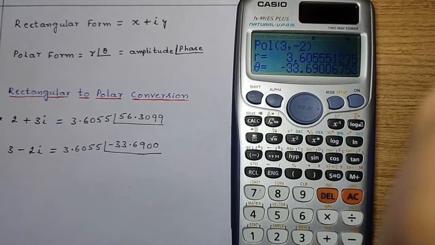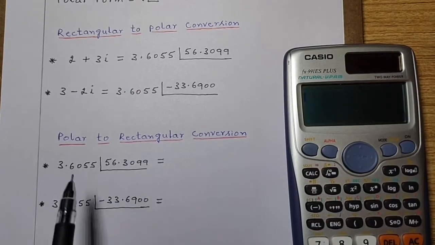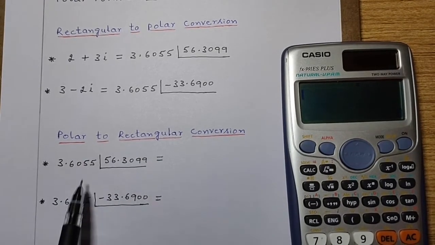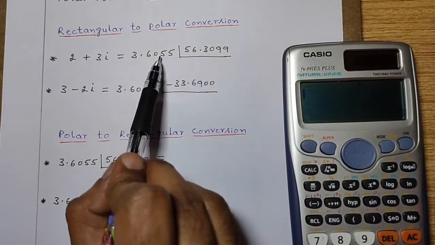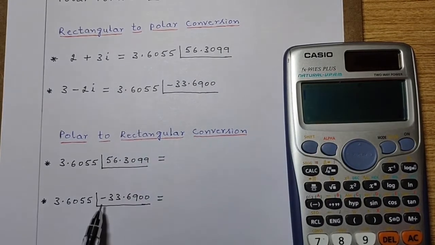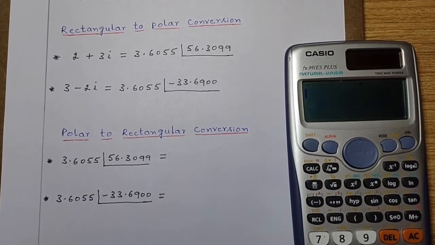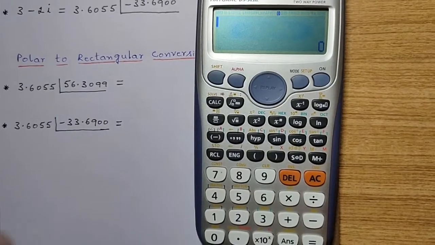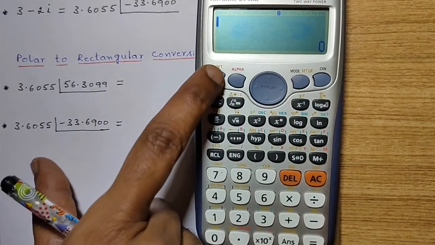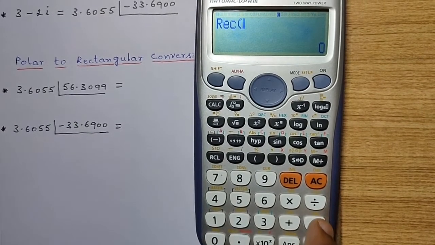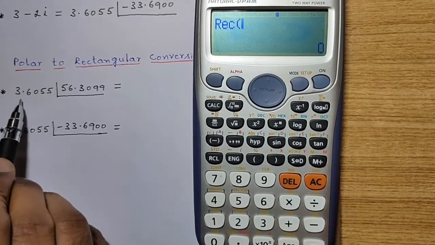Now let us continue with polar form to rectangular form conversion. Whatever values we got as an answer in the previous case, the same values are taken here as input values. So let us go through the procedure in the calculator. Press shift minus, we get rectangular of.